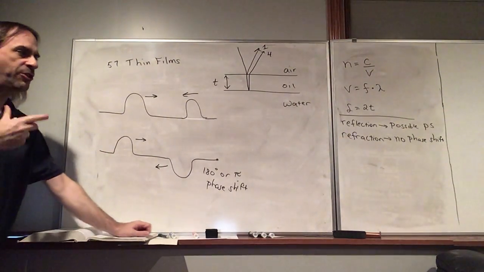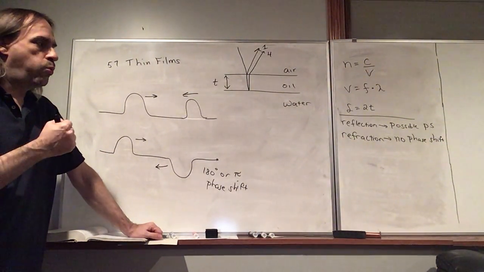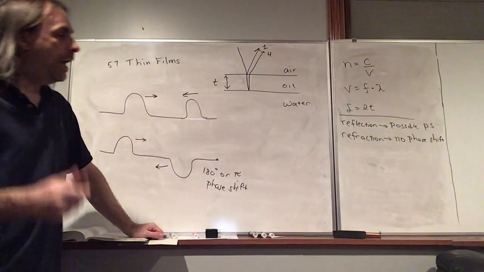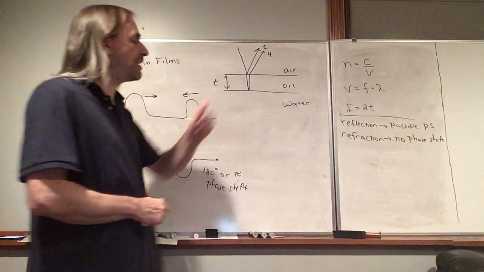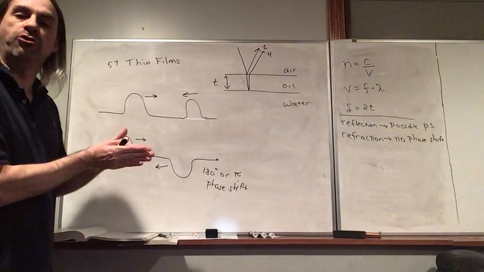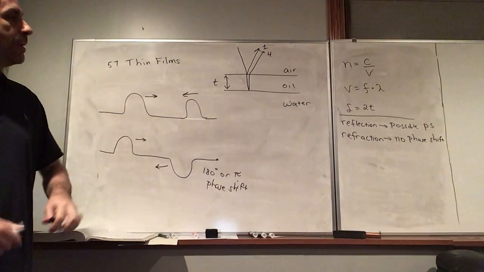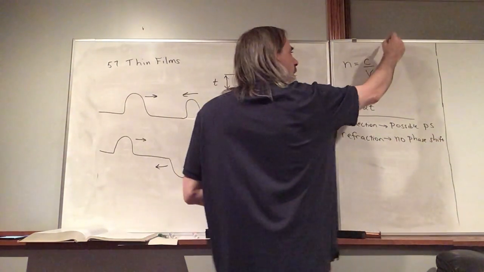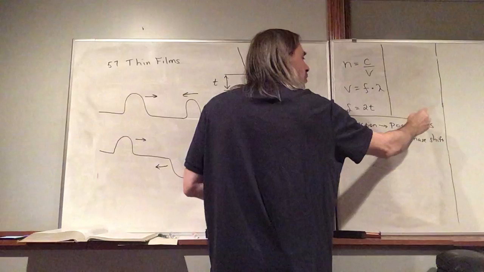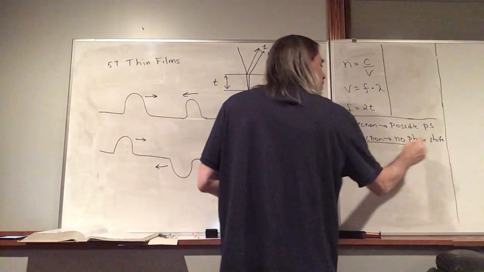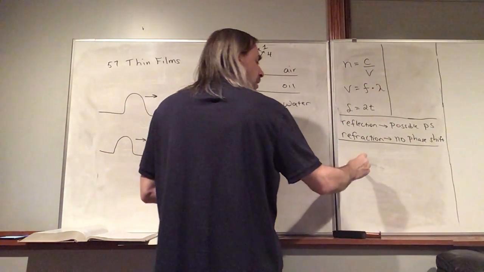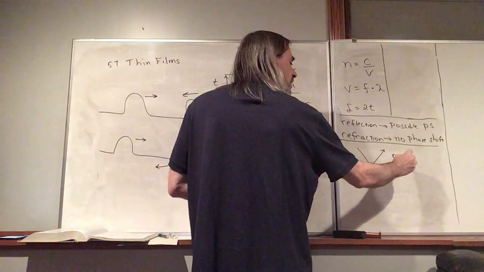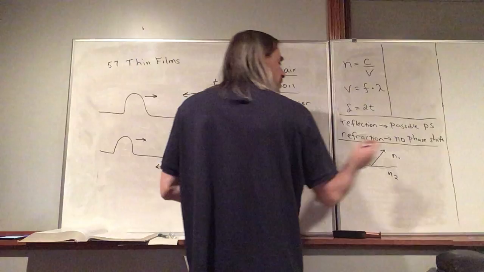So now the question is, what determines if we have a phase shift or not? It depends on the relative indexes of refraction at the boundary where the reflection happens. I know I'm going to have to write down a few more equations, so I'll leave some room. Let's say we have a reflection like this, where this is N1 and this is N2.